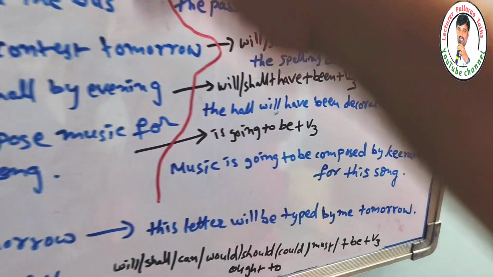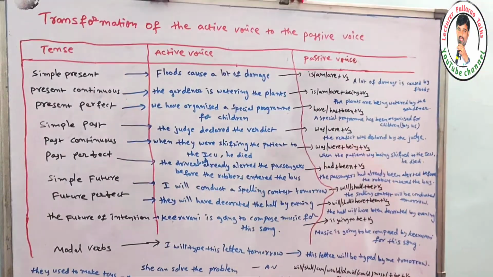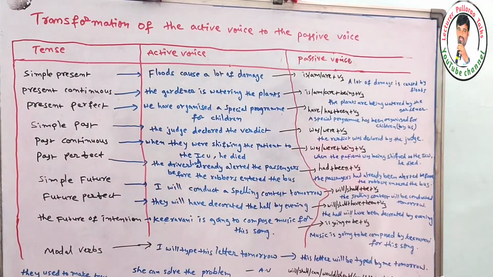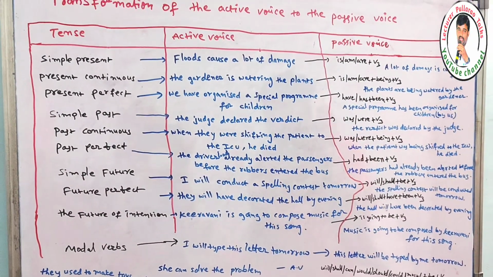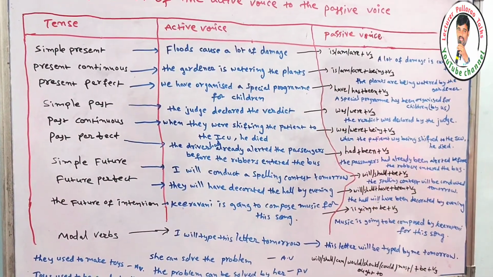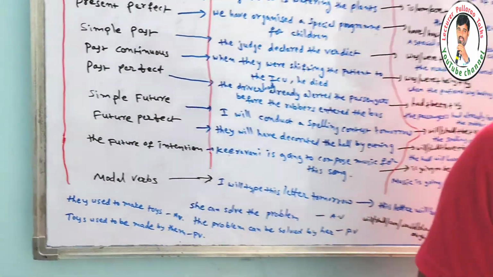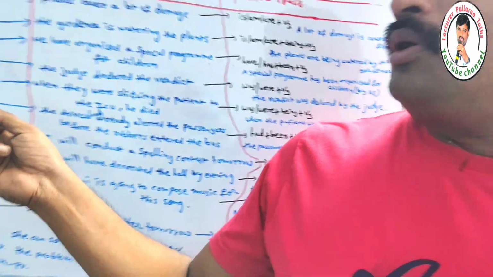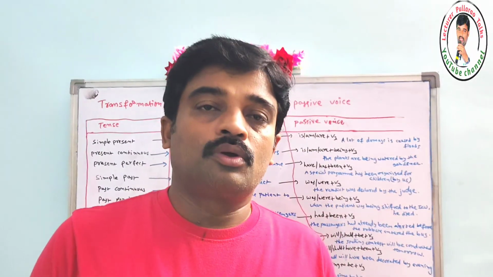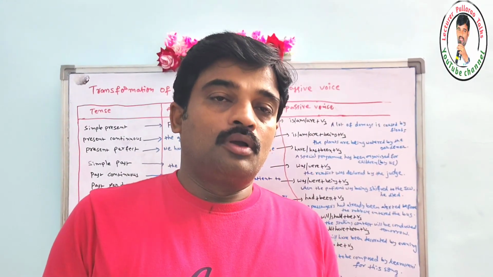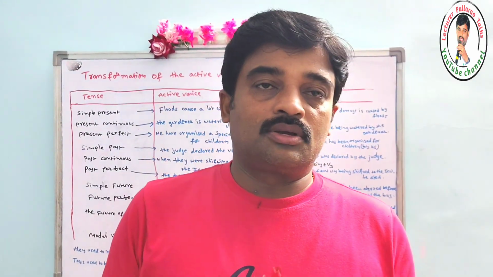So, these 9 are related to tenses. Actually, 8 tenses are possible. The 9th one is future of intention. And now, what about the remaining tenses?